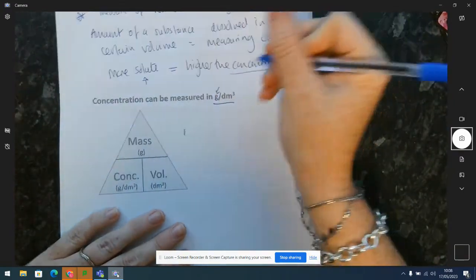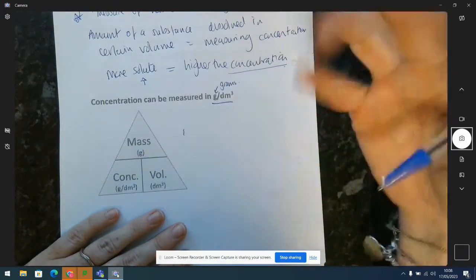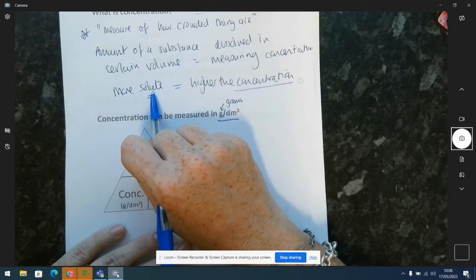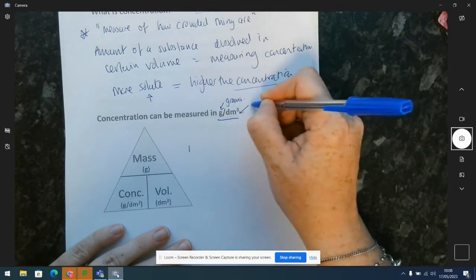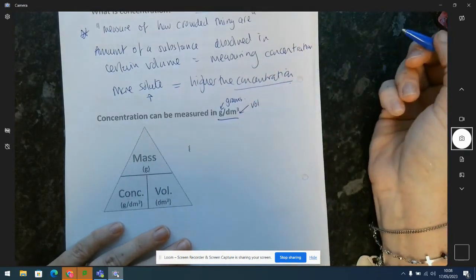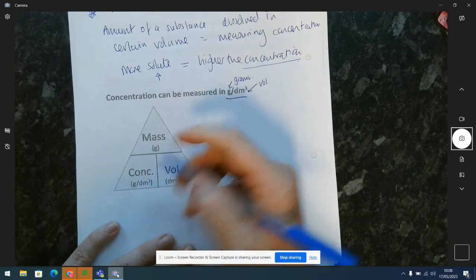How do I know this is in mass? Because it's got grams there, so it has to do with the mass of something. It might be the mass of a specific solid that they've given me as part of the question. And decimeters cubed is a volume. That's what concentration basically is: grams per decimeters cubed.